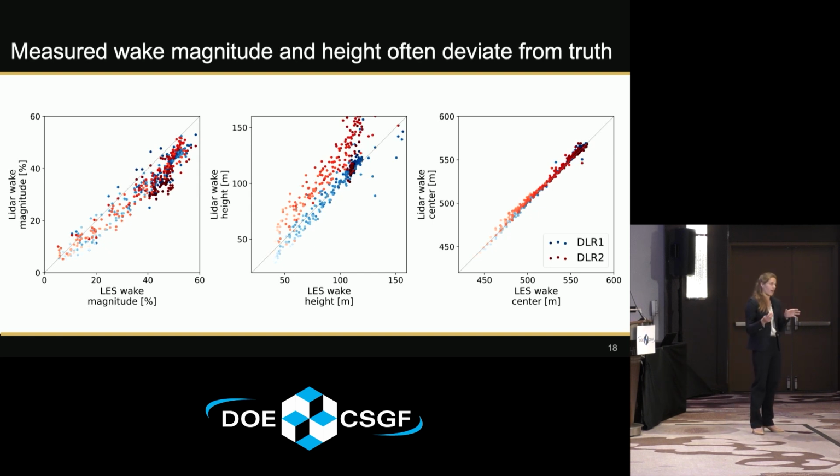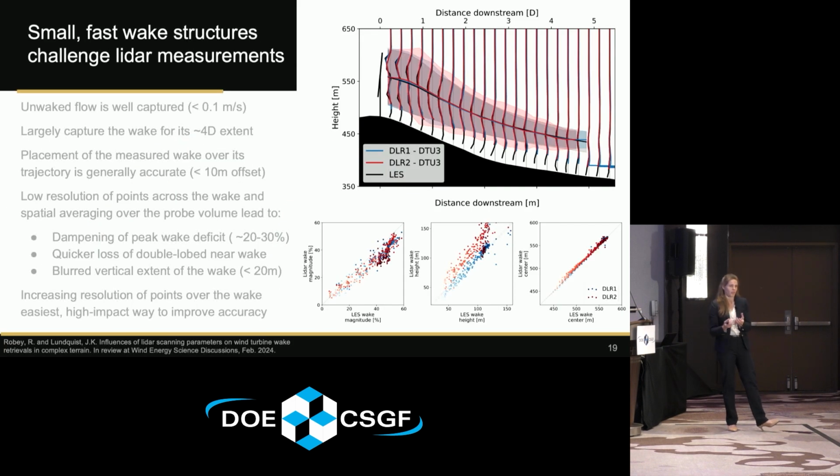There are some really key areas where we see that occur, although we get the trajectory quite well. We're dampening the magnitude of the wake significantly, and we're blurring out the edges of the wake, making it appear wider than it is. And so these are key variables that we might care about when we're thinking about the dissipation of wakes and how they might interact with other turbines.